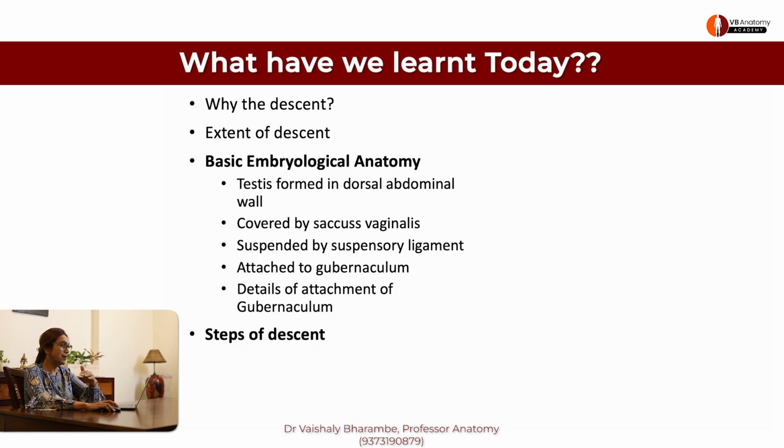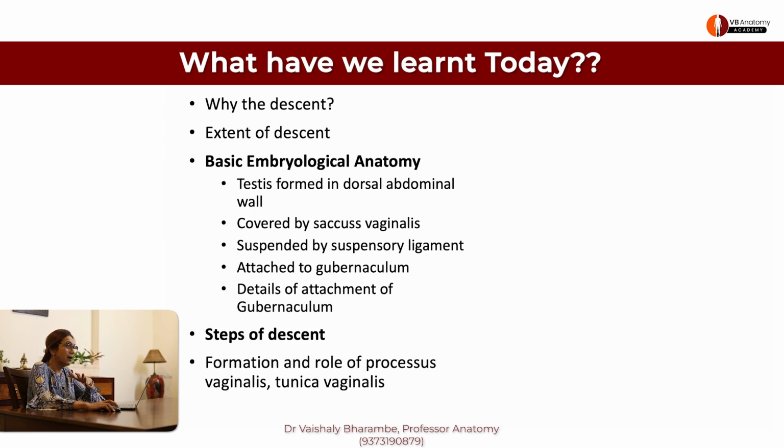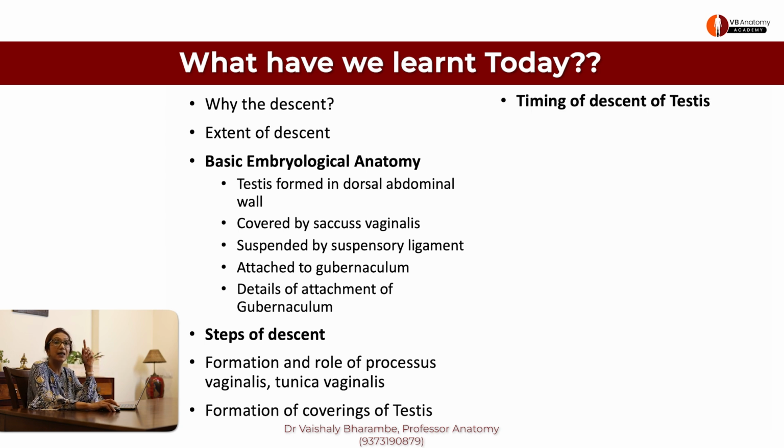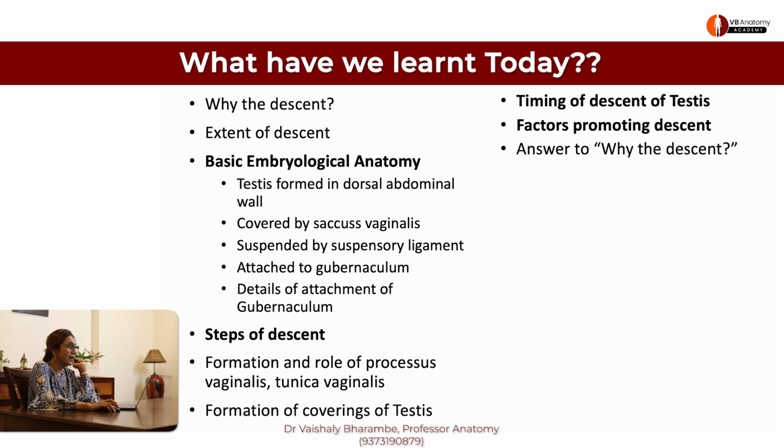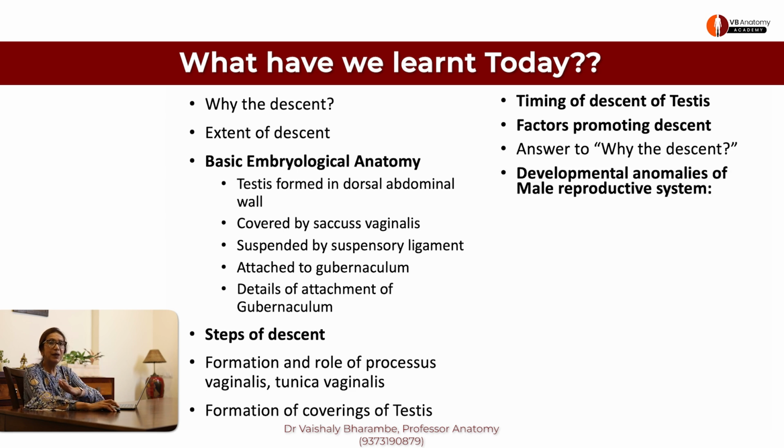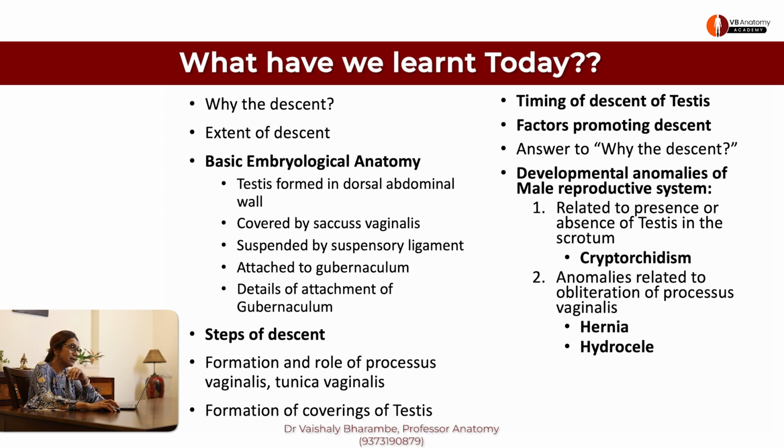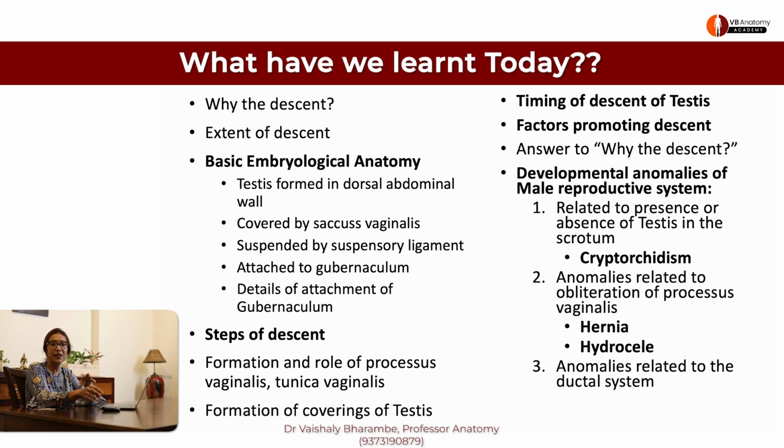Then we talked about steps of descent, the role of processus, formation of various coverings of testes, timeline of descent. Then we talked about factors that promote the descent. Various developmental anomalies throughout this, such as cryptorchidism, hernia, hydrocele, and anomalies specifically related to the ductal system in the male reproductive system.